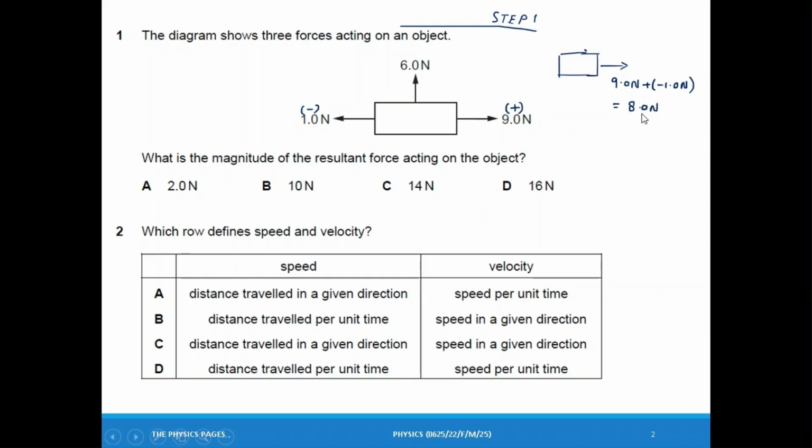Now on the other side, we have one horizontal force to the right, 8 Newton, and the other force is the vertical or upward force, that is 6 Newton.